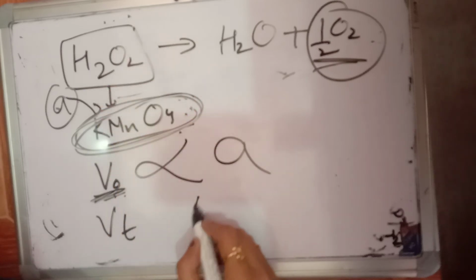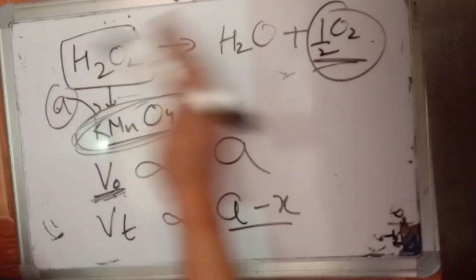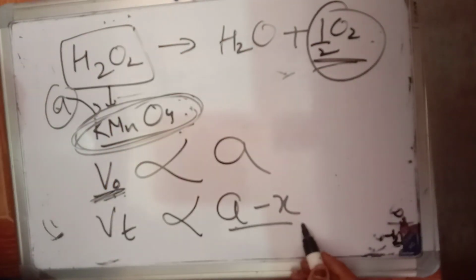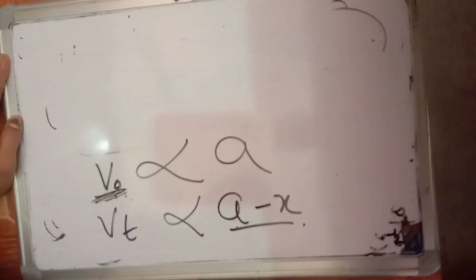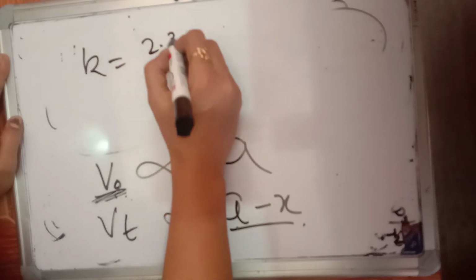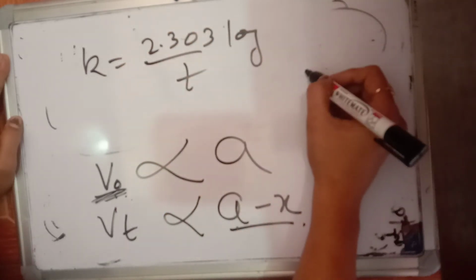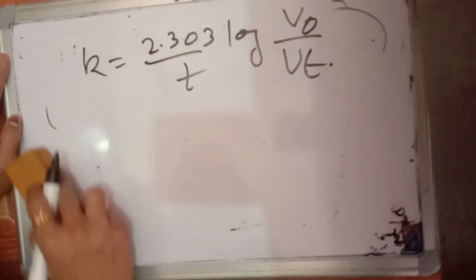How much H2O2 is present? It is a − x, because x has reacted, so what is left behind is a − x. So in the rate law expression, k = 2.303/t log a/(a − x), we'll take V naught upon Vt.